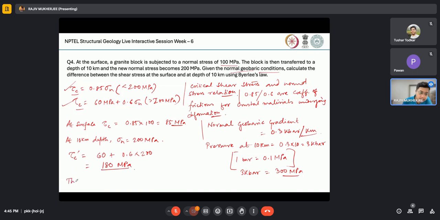So the difference in shear stress, which is delta tau c, is equal to tau prime c minus tau c, 180 minus 85, which is 95 megapascal.